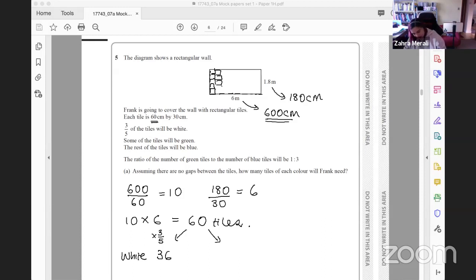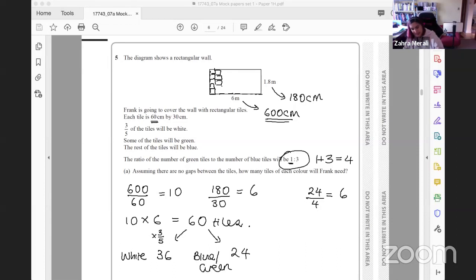And then I know some are going to be blue and some are going to be green. So the rest are going to be blue and green. So that means 24 are blue and green. But now I need to split that 24 into the ratio 1 to 3. 1 plus 3 is 4. We're going to do 24 divided by 4, which gives us 6.